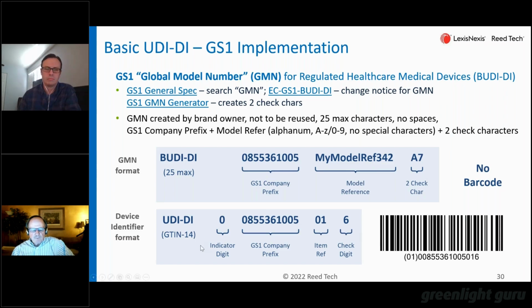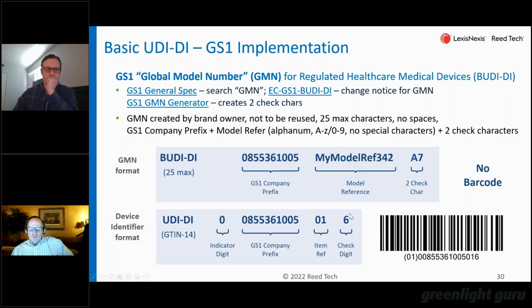You notice right away that a GTIN-14 for the individual device has an indicator digit not present now in the Buddy. The company prefix is the same. There's no additional charge, by the way. Your subscription to GS1 can be reused, and that company prefix is the same. Then this item reference number, the number of digits here changes by what you subscribe to, but that's quite different.